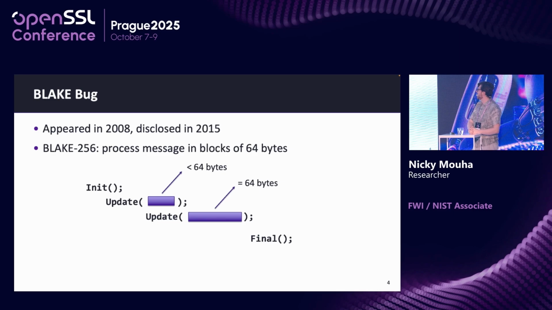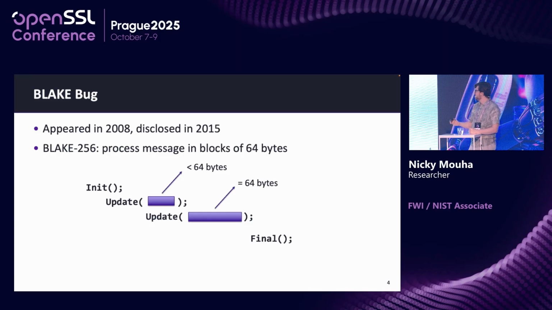And then in 2015, the bug was disclosed. Once we found the bug, we started looking it up. It turned out that the lead designer of Blake, Jean-Philippe Aumasson, who's like the French Bruce Schneier, has given presentations to discuss, hey, we have a serious thing going on. There are a lot of bugs that we are not finding.